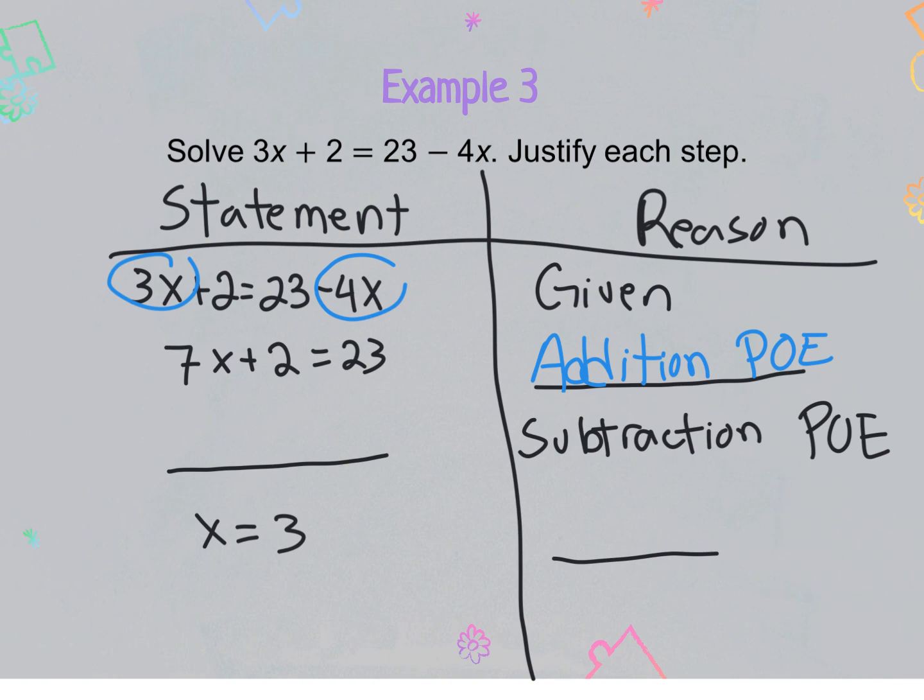So for us to subtract, we're going to have to move this 2 to the other side, subtracting it. So we're going to get that 7x equals 21. And lastly, from 7x equals 21, we divide by 7 in order to get x is equal to 3. So the last step would be division property of equality.